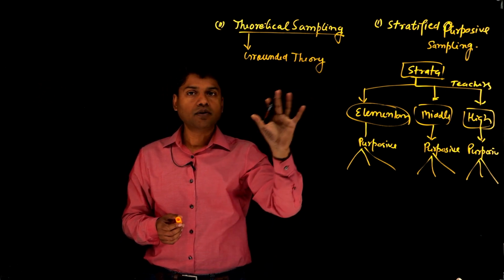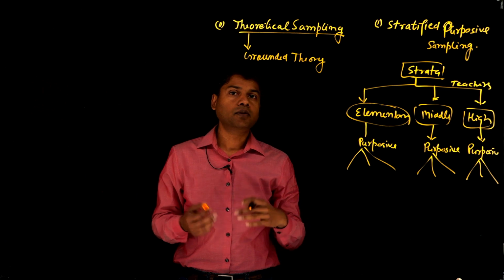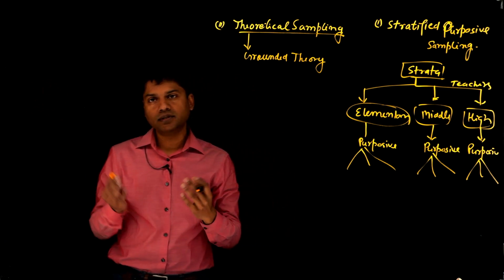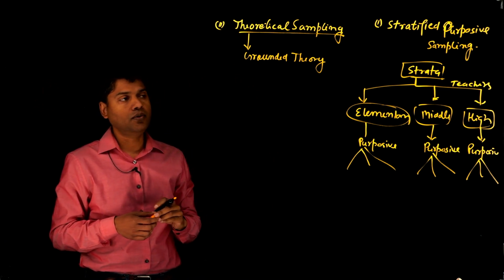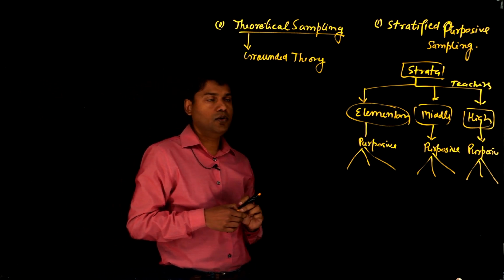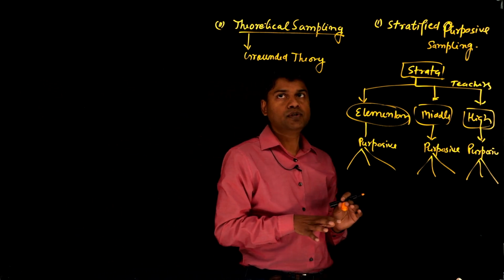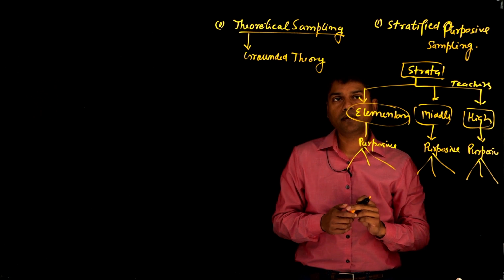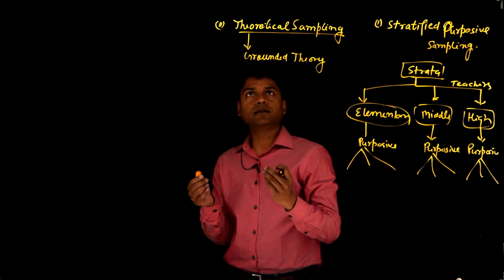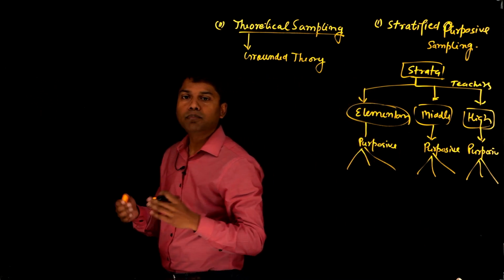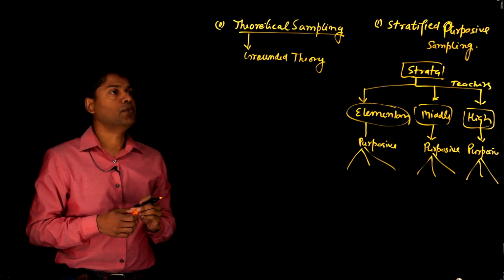So this is not used in any other approaches of conducting qualitative research, such as phenomenology, case study, or ethnography, or narrative inquiry. We don't use it there. We only use it in grounded theory. And this concept of theoretical saturation or theoretical sampling is unique to grounded theory.